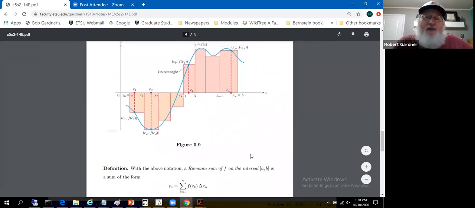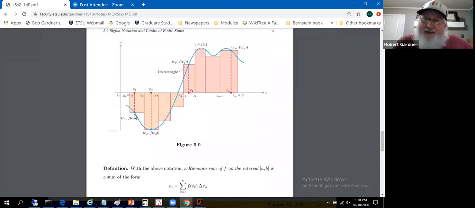All right, so that gives us f of c sub 1, this function value, times delta x sub 1, the width of this rectangle. It's width times function value. I'm thinking area, but I got a negative that comes out because the function's negative. K equals 2, width, delta x sub 2, times the function value at c sub 2, which is negative.